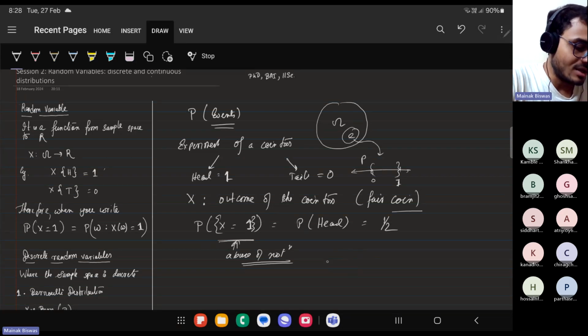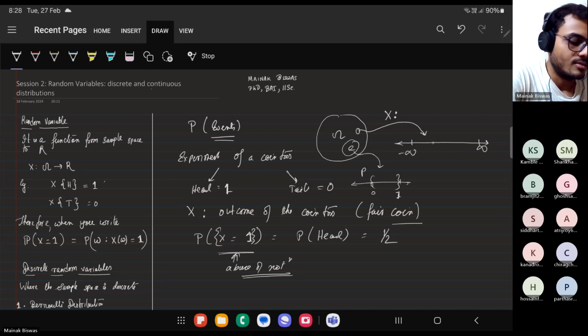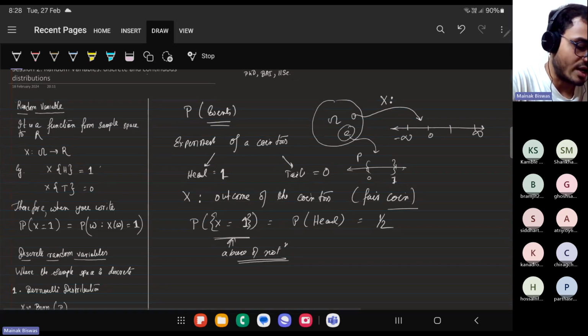A random variable is a mapping. So x is a mapping from all these elements in the source set to the real number line. Do you agree? Let us draw it for the coin toss example.